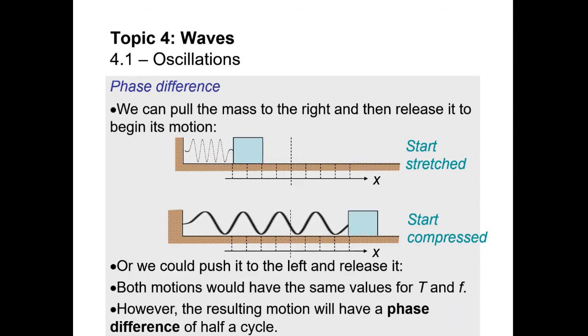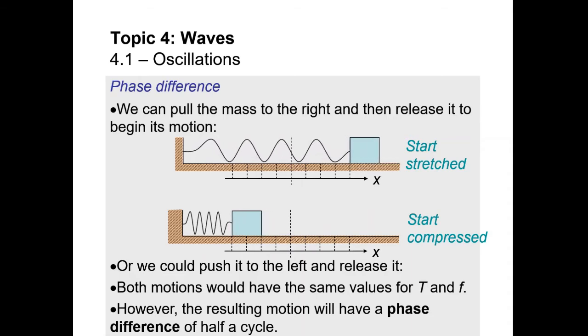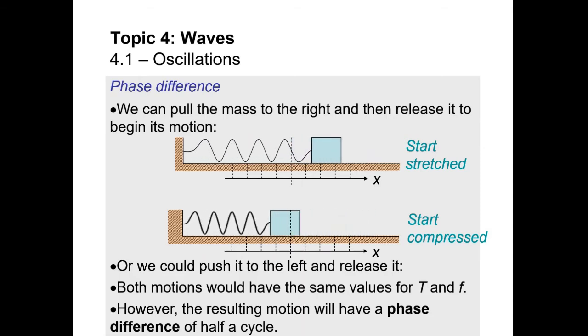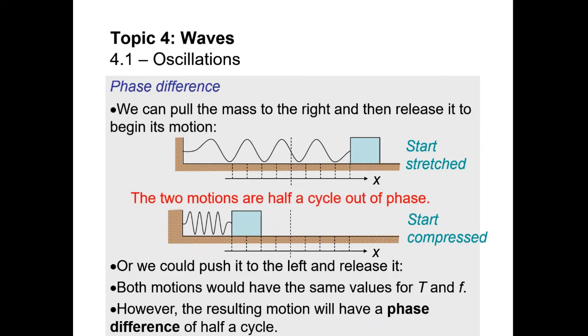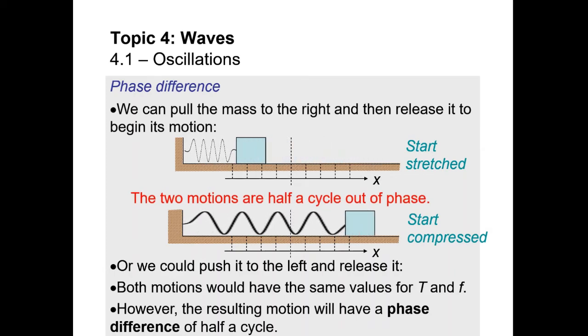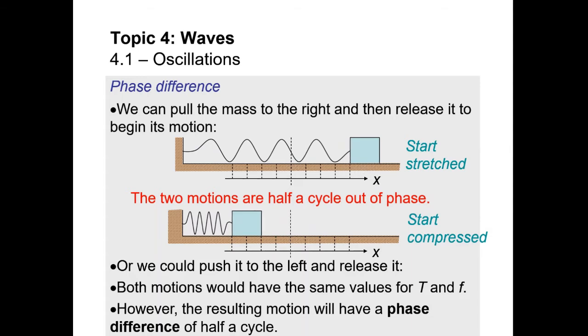However, the resulting motions will have a phase difference of half a cycle, or 180 degrees. So the two motions are half a cycle out of phase, or a phase difference of 180 degrees.